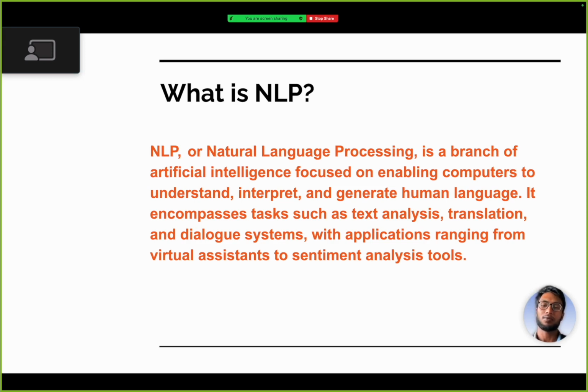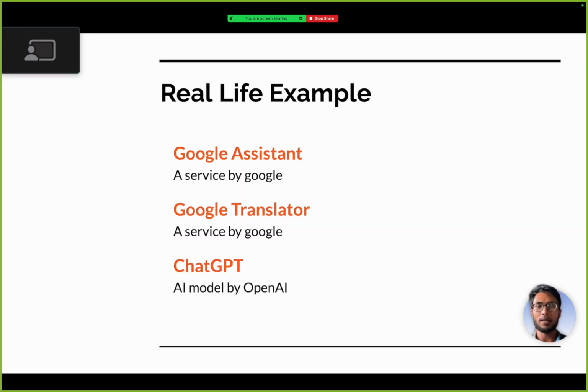We are going to see real life examples of natural language processing used in many services like Google Assistant. We have been using Google Assistant and Google Translator for a very long time. They understood the language we used. With Google Assistant, we can speak directly to it and it can recognize our voice and then give us suggestions.